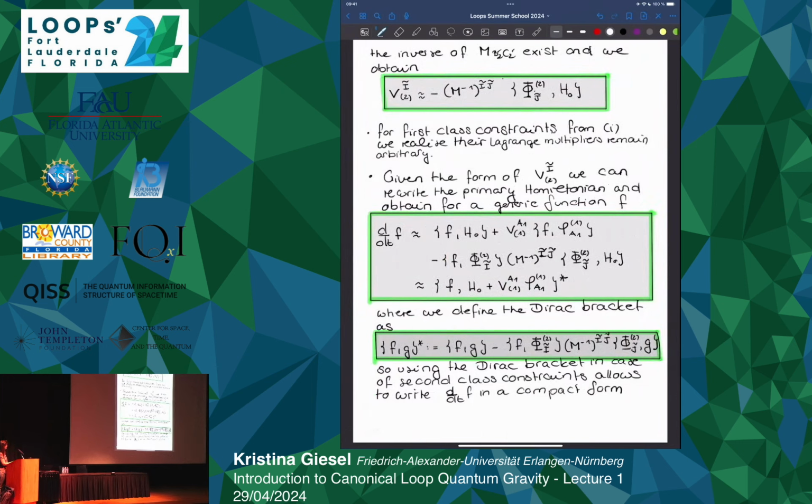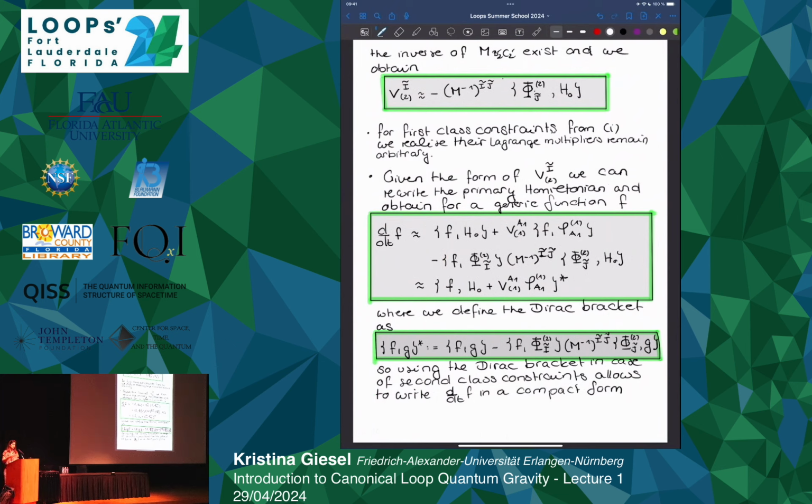And here in the bracket, these second-class constraints are contracted with the inverse matrix, which shows that second-class constraints always have the property that we fix some Lagrange multipliers, so they are not arbitrary anymore. And you can rewrite the dynamics if you have second-class constraints in terms of this new bracket, the so-called Dirac bracket, in a very compact form.